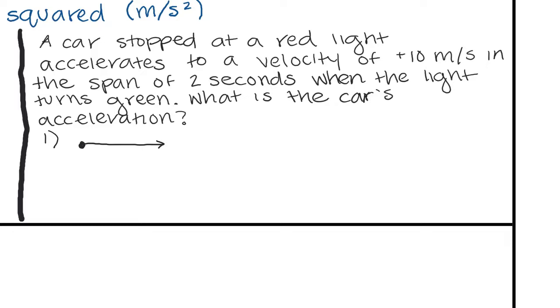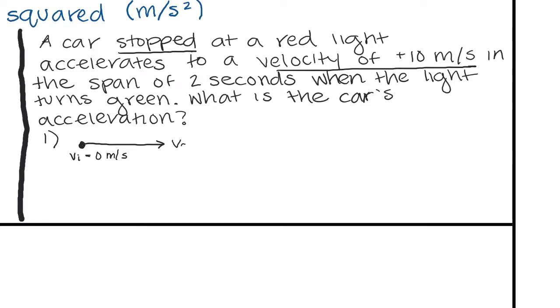Well, we do know we are solving for the acceleration, right? The car is stopped at a red light, right? So I'm going to write that it gives us an indication for what our initial velocity is, and that is 0 meters per second. And we know that it accelerates to a velocity of 10 meters per second.